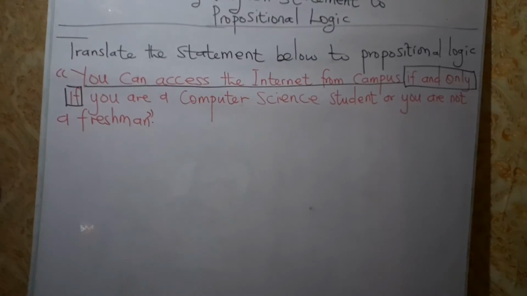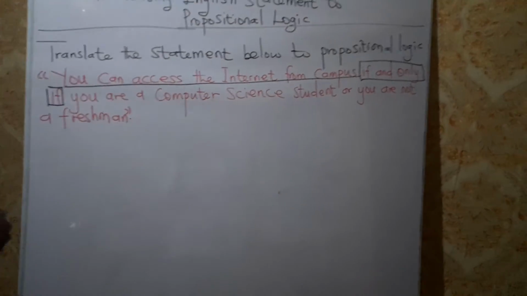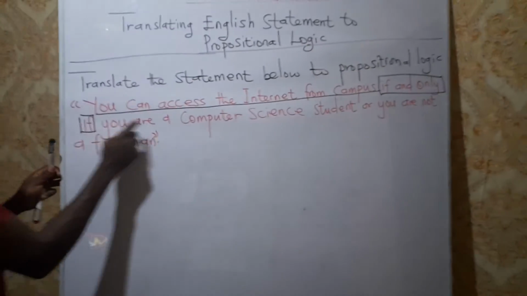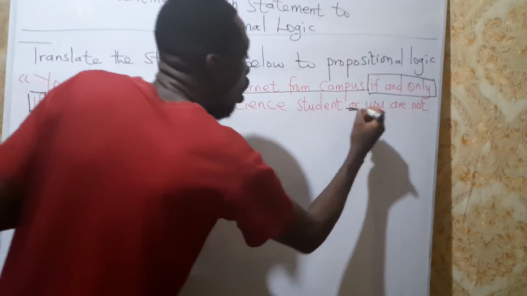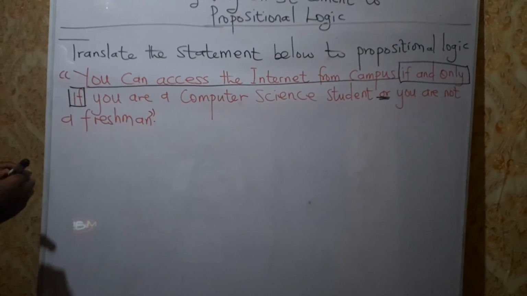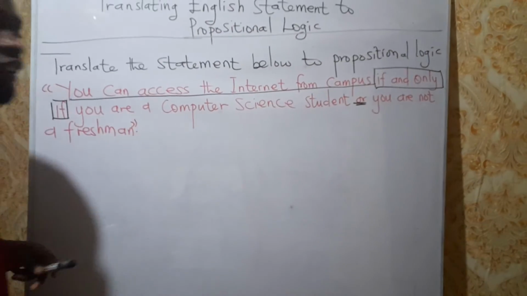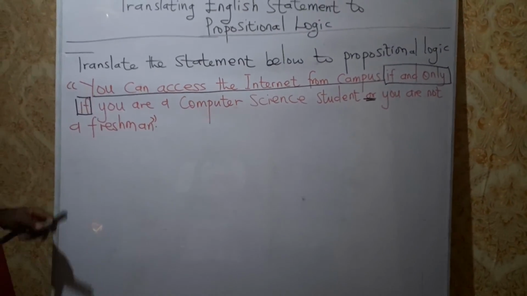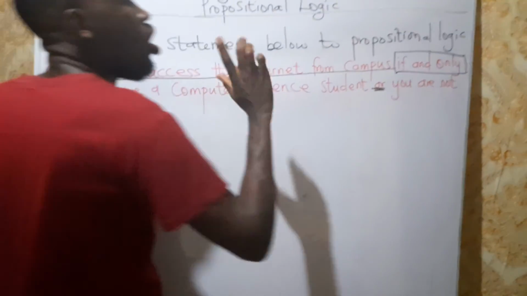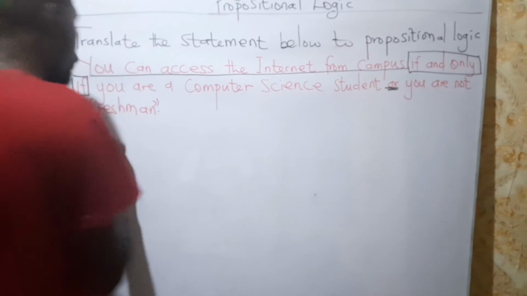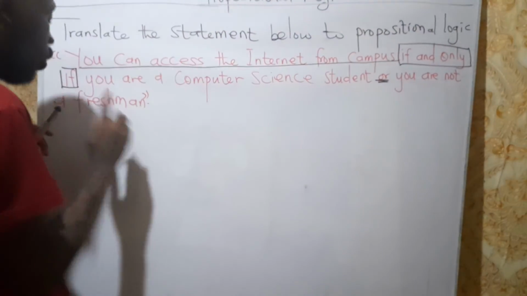Now let's look at the rest and see if there is any logical operator involved. Look at it: you are a computer science student, or, and or is a logical operator, a disjunction statement. So you are a computer science student, one statement, or you are not a freshman.